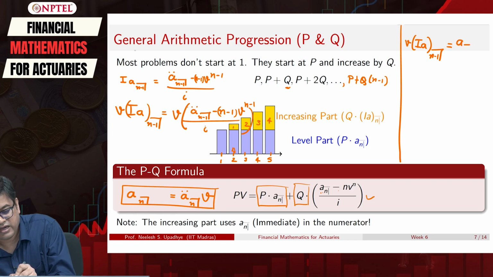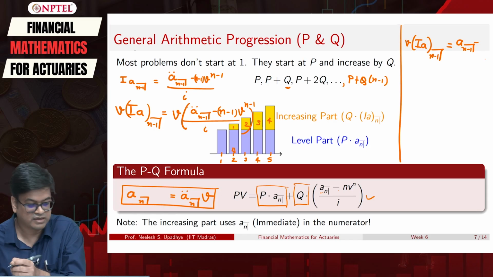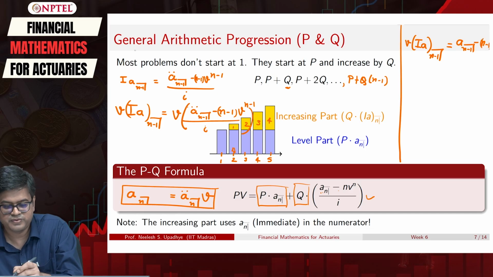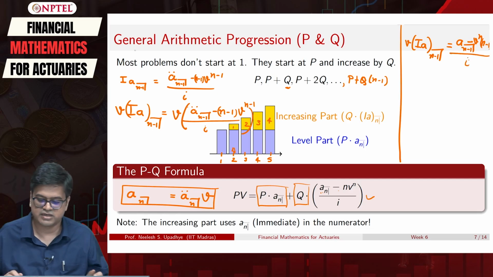So, it is a angle n minus 1 minus (n minus 1) into v raised to n, upon i. Denominator is untouched.